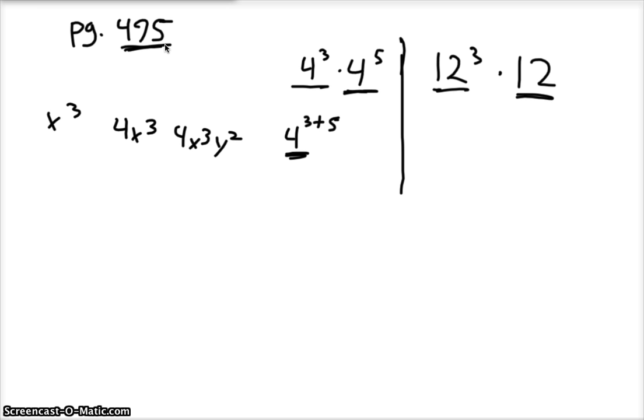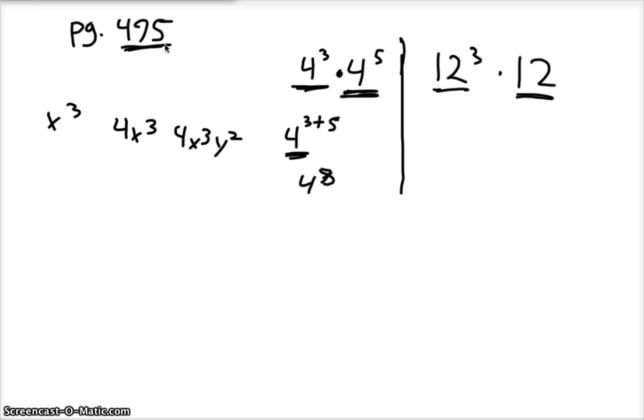So we would do 3 plus 5. 4 to the power of 3 times 4 to the power of 5 simplifies to 4 to the 3 plus 5, so we end up with 4 to the 8th power. Excuse me, 8th. My goodness. 8th power.